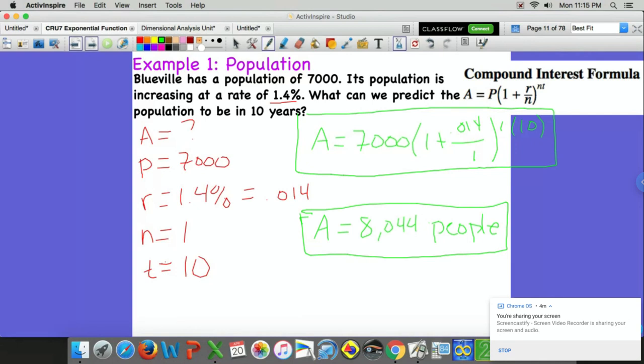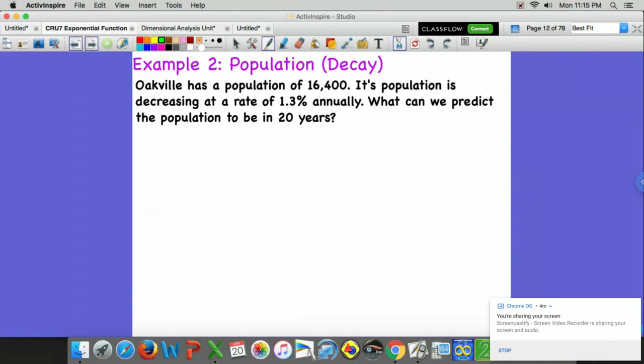So now let's look at our second example. And so with the last one, we had population that was increasing, but we can also be tracking a population that is decreasing. And what we refer to that as is decay. So you have growth that is positive, and then you have decay. So let's go ahead and take a look at that.